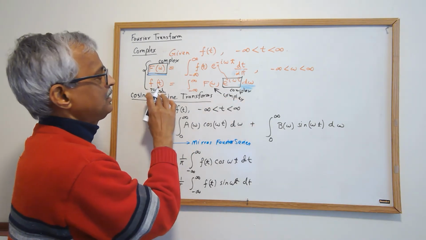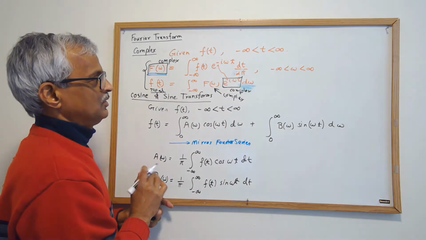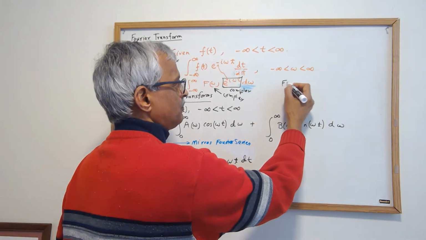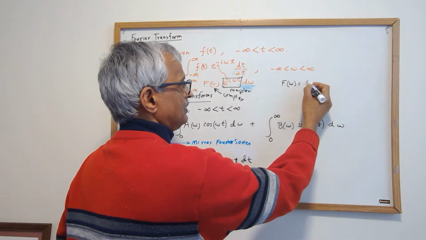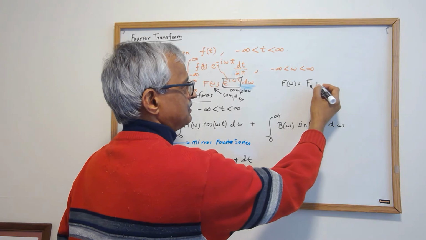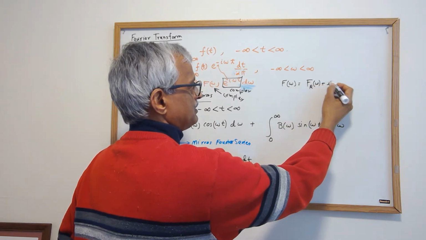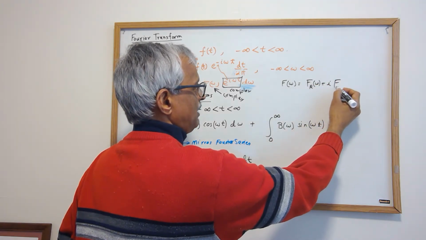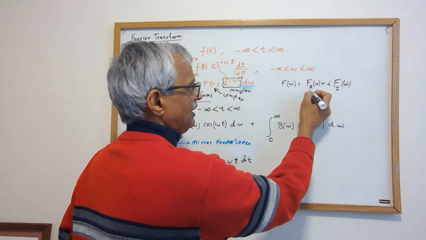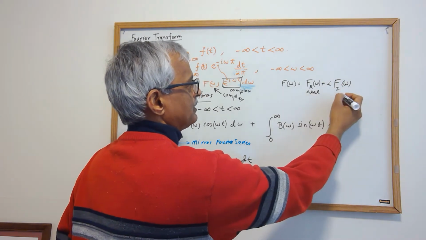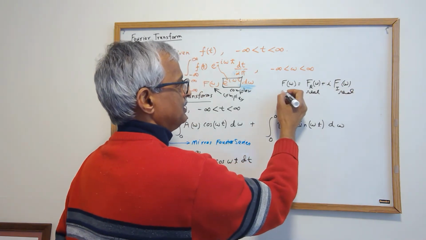Otherwise, how are you going to get a real from doing this thing? Which means you might say f of omega is f real omega plus i f imaginary omega, and this will be real, but this is complex.